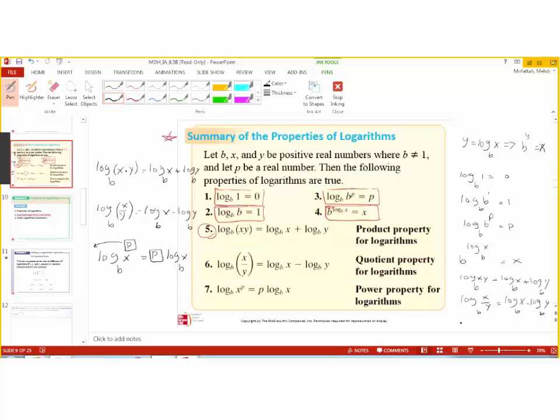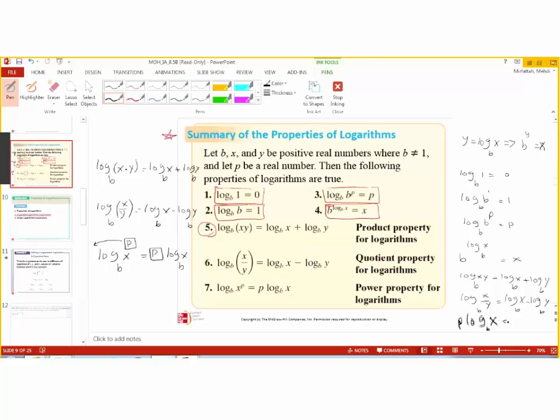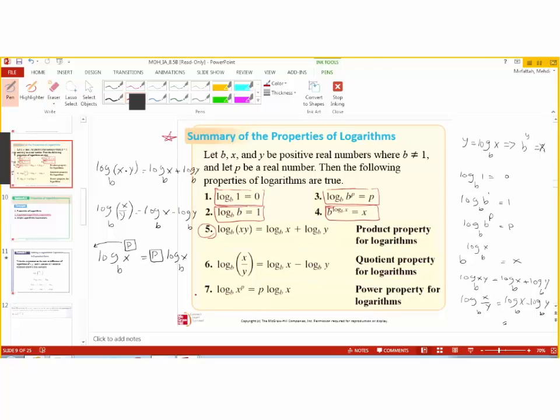And the last one is if I have t log of x to the base b, that would be equal to log of x to the power of t, that t can go to the top as the exponent. We already have it here. That's the last one.